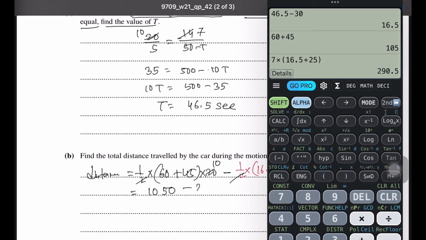So this is minus 290.5. Now let me subtract 1050 minus 290.5. So this is 759.5 meters. So it covered a total distance of 759.5.